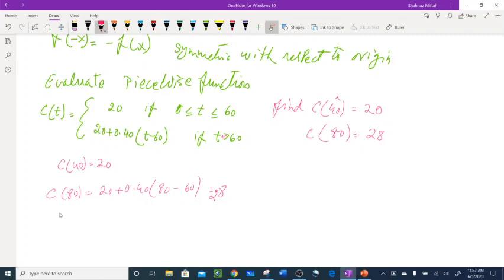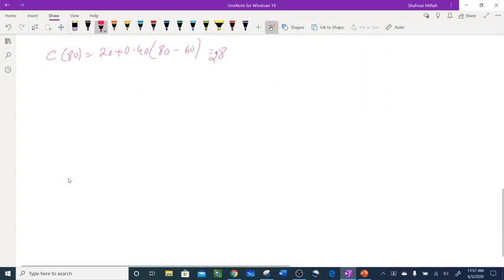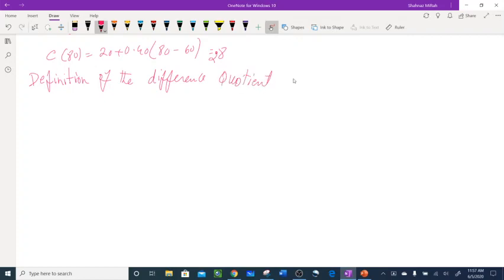There is another thing in pre-calculus that you guys are going to see, and also this is in AP calculus. So this is what we have: the definition of the difference quotient of a function.